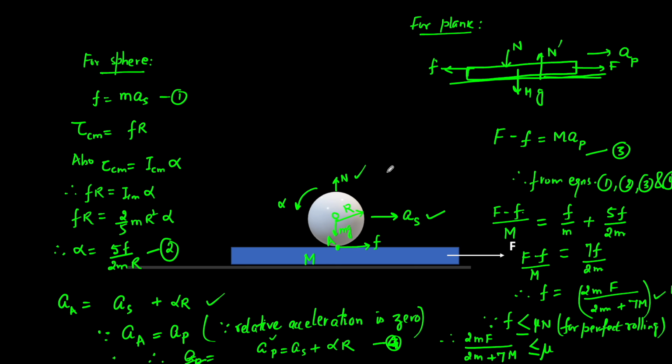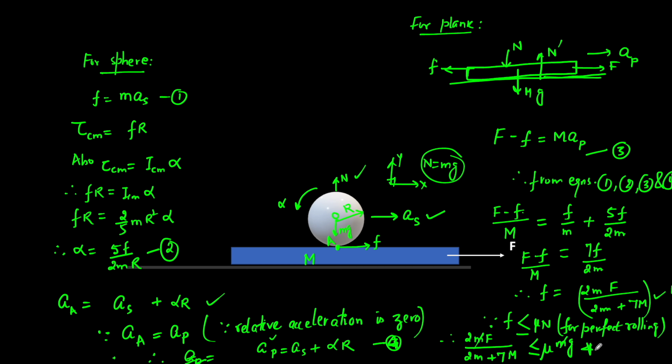If you see the free body diagram of the sphere, there is no motion along the vertical direction or y-axis, right? So you can write N is equal to mg. So mu mg. Now you can see that m cancels. So mu is greater than or equal to 2F over 2m plus 7m multiplied by g.